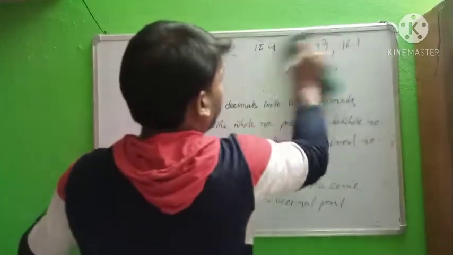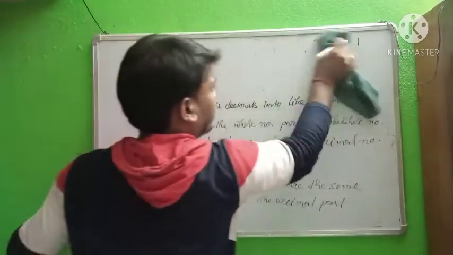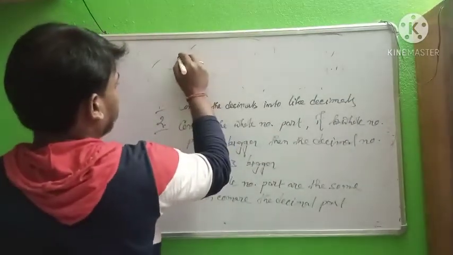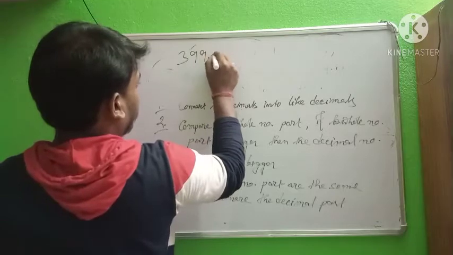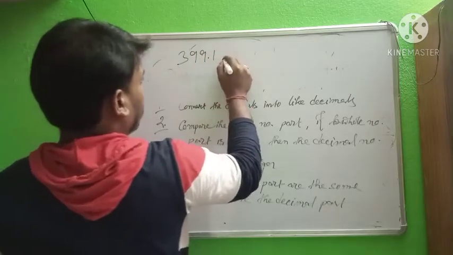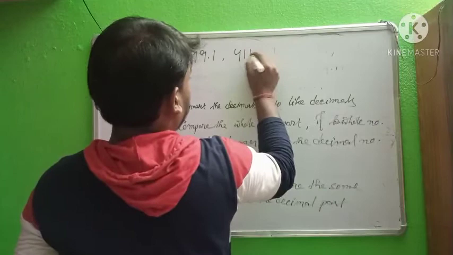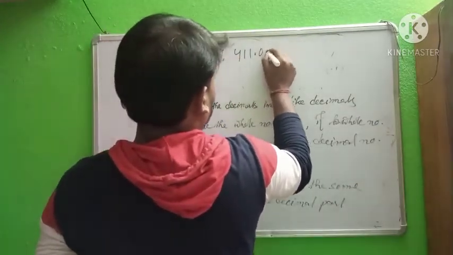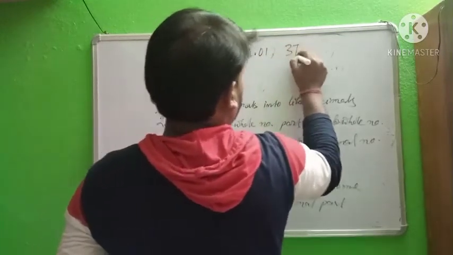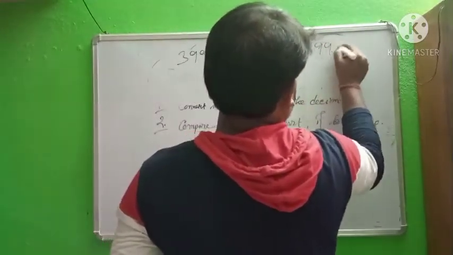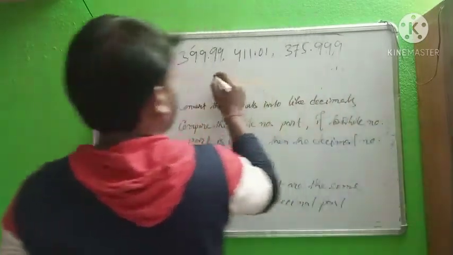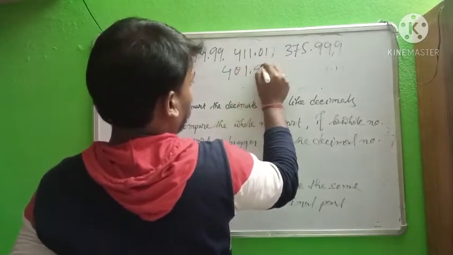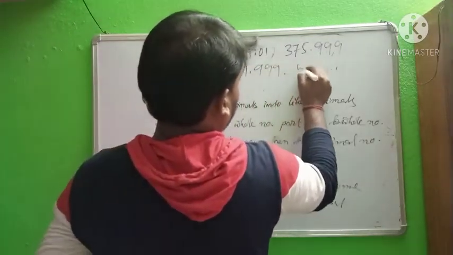No need to convert into like decimals. You can directly say which one is bigger. Okay. Example: 399.1, 411.99, 411.01, 375.999, 401.999, 500.